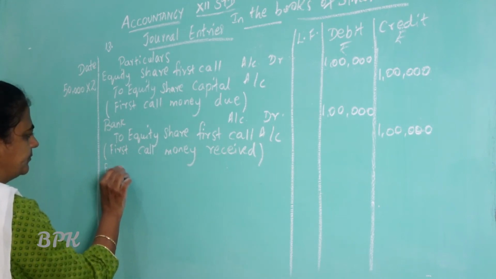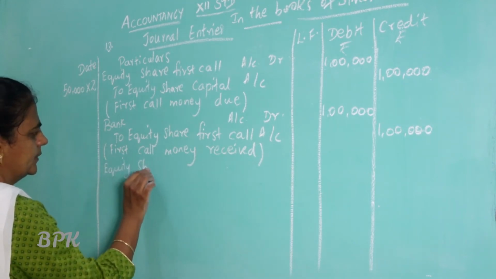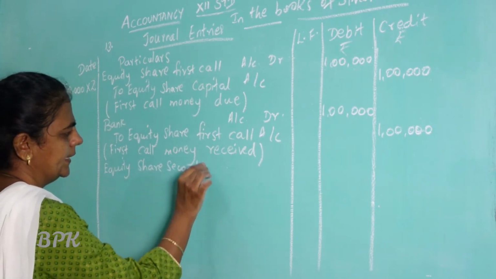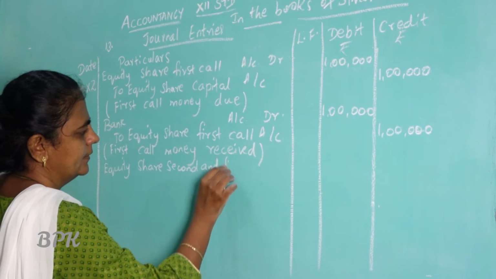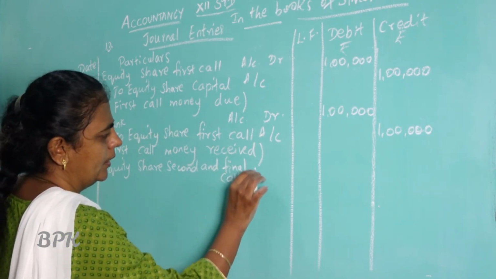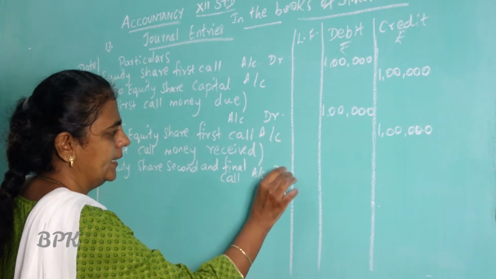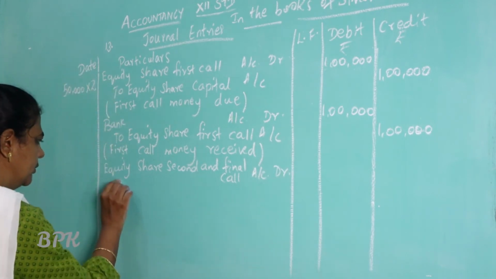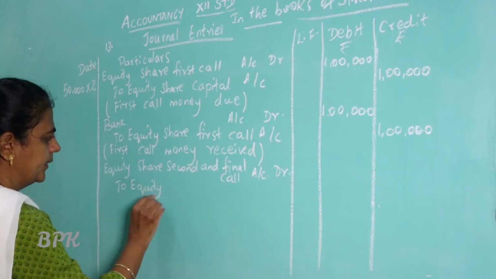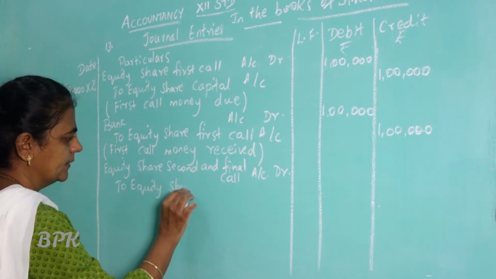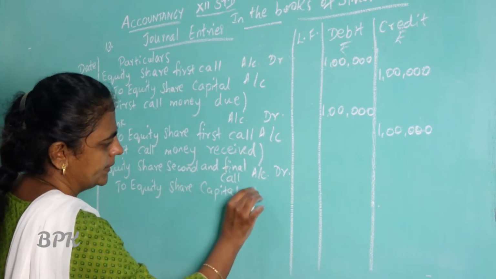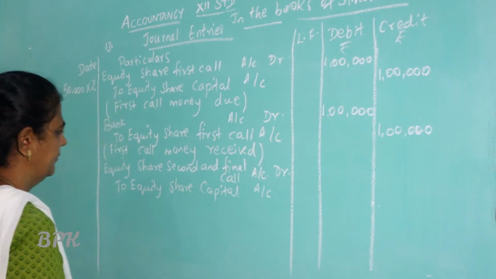Equity share second and final call account debit to equity share capital account.